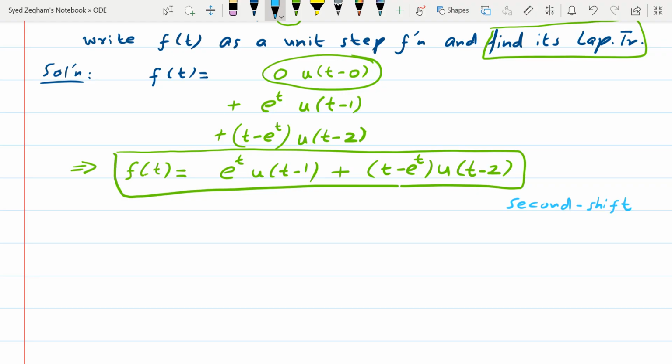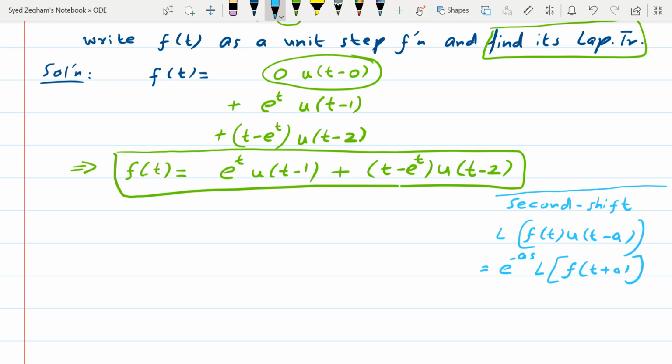Second shift property is that if you are finding Laplace transform of f(t) u(t minus a), this is actually given by e to the power minus as times Laplace transform of f(t), where we replace t by t plus a. Okay, this is the second shift property. Now let us try to use this.